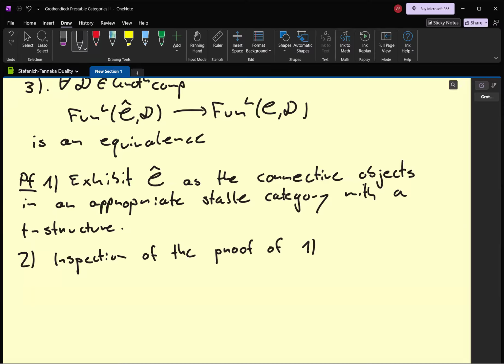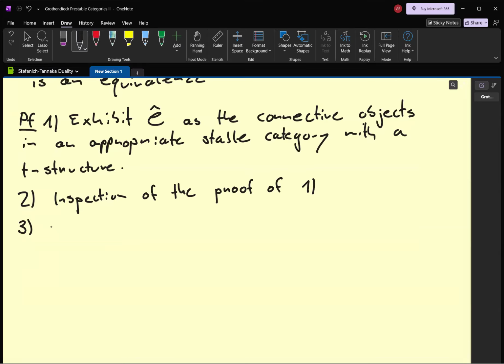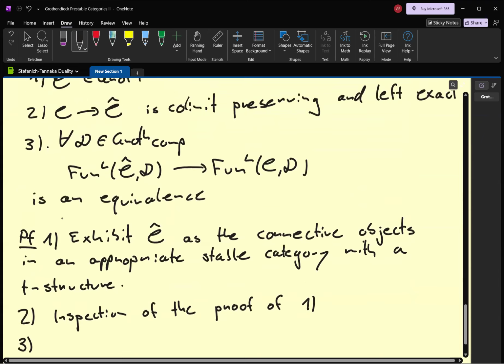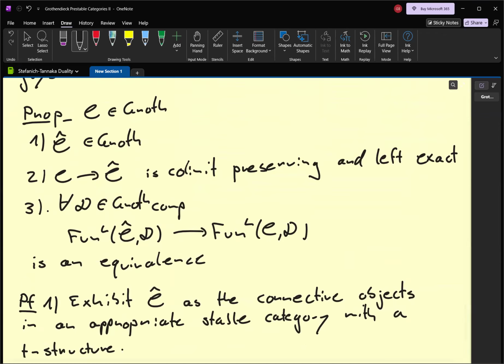So the really interesting part, at least to me, is three. Now that we've shown two, we know this is colimit preserving between presentable categories. By one, C hat is presentable, and so we can choose a right adjoint.